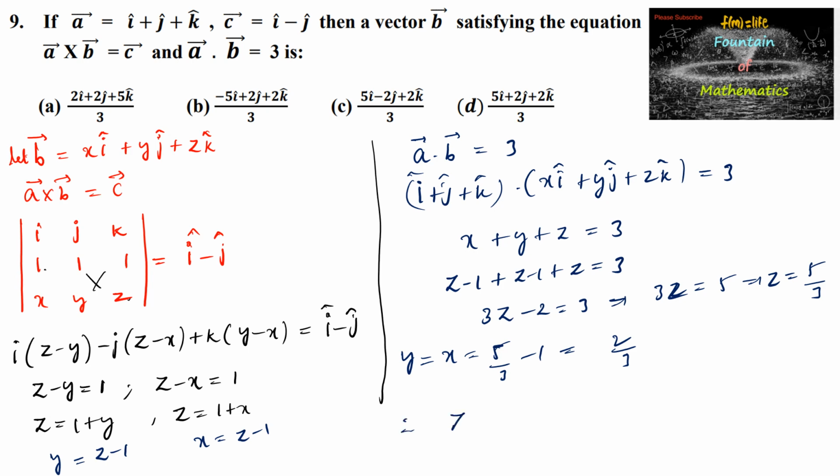Therefore, vector b is equal to xi, that is 2 by 3 i, and next y is equal to 2 by 3 j and z is equal to 5 by 3 k. So which is 2i plus 2j plus 5k divided by 3. So we can go with option A. Option A is the answer.